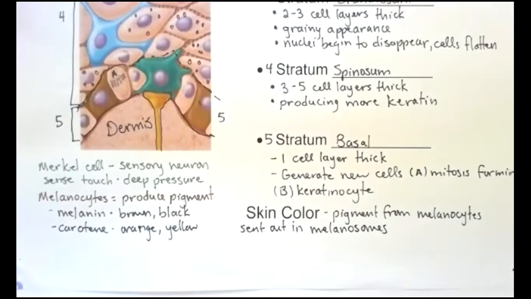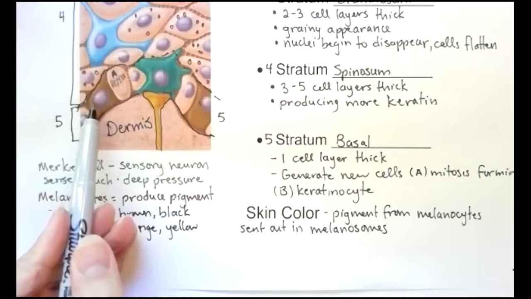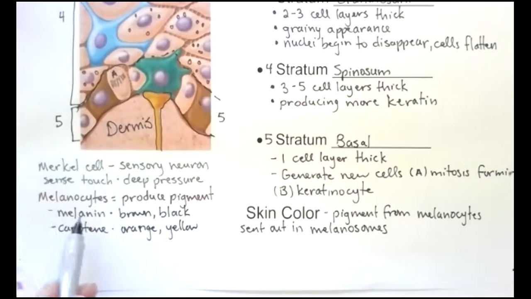The darker your skin, this skin darkness is not tied to how many melanocytes you have. By the way, let's get the translation for that. Melano is black, cyte is cell, black cell. So your skin color is not associated with how many melanocytes you have, but rather how many melanosomes you have.